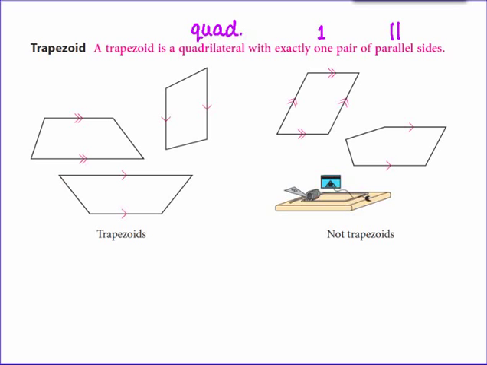So that's all you would do. Now, in fact, there is a special trapezoid. It is known as an isosceles trapezoid. Okay? And we will talk about that later.